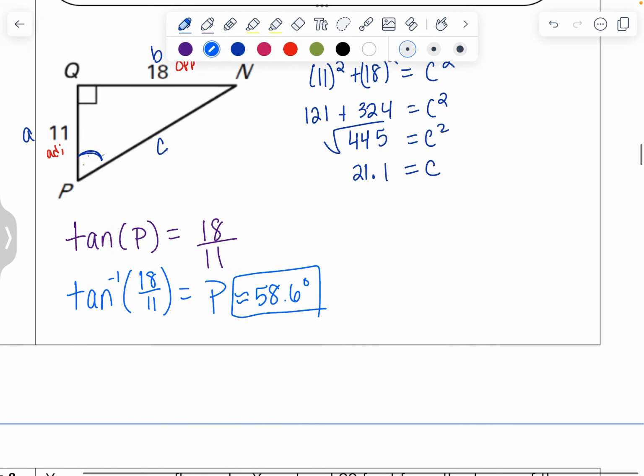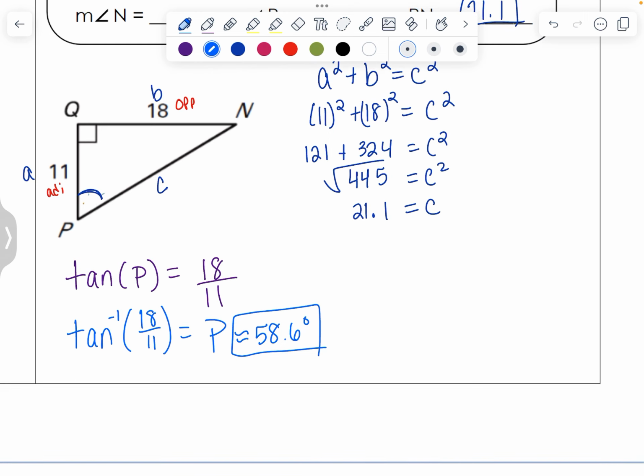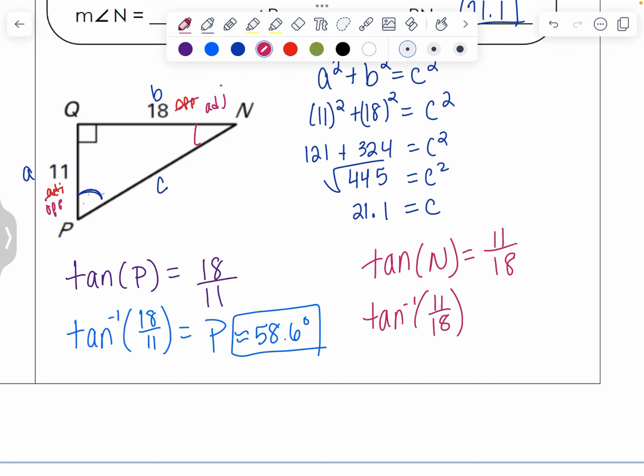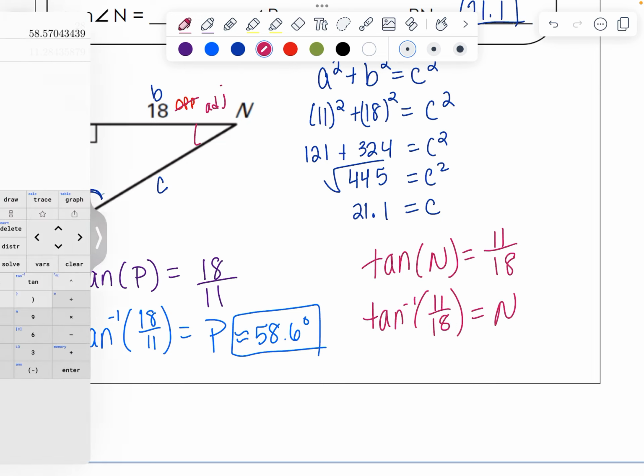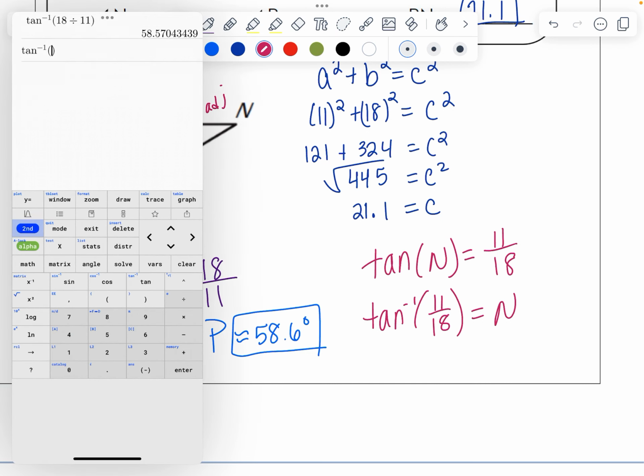And then we could do the same thing for angle N, but if we look at angle N, then this is my opposite side and this is my adjacent side. So tangent of angle N would be 11 over 18. So if we did the inverse, we could switch the input and output, and that would give us our angle measure.